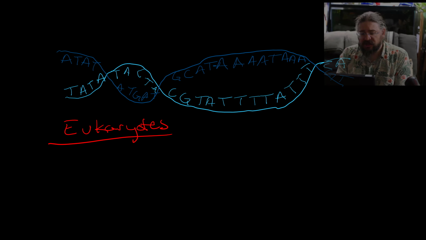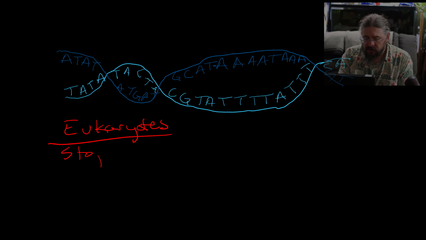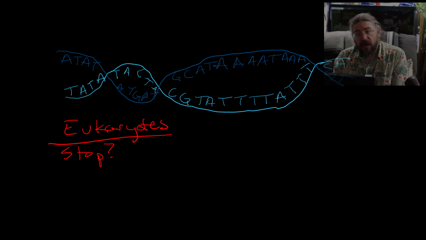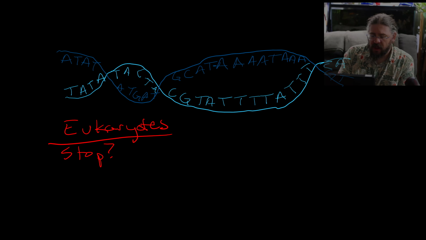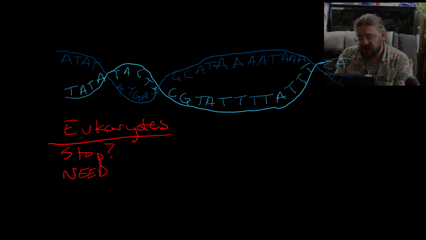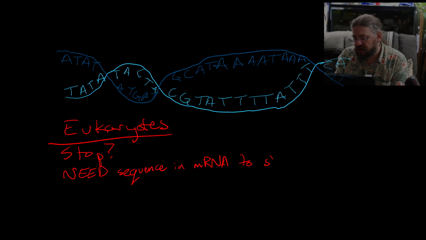So how do you stop in eukaryotes? Well, a certain sequence is produced in the mRNA, right? So you need a sequence in the mRNA to stop the whole thing.